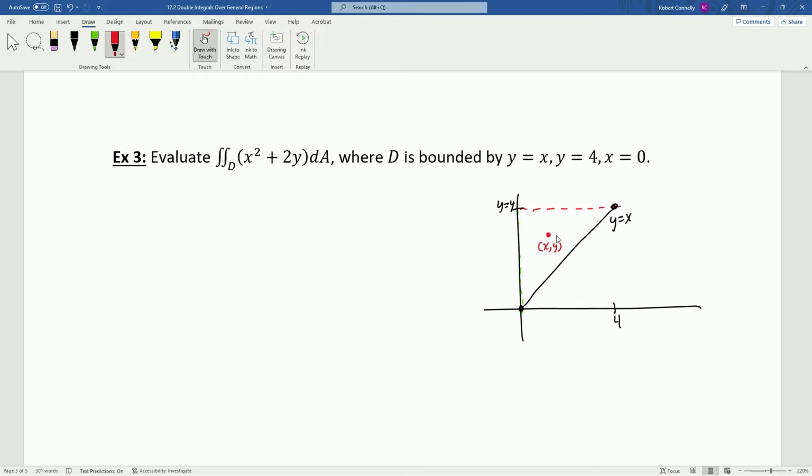Well, I could do this as x is between 0 and 4, and y is between x and 4. My bad. All right, so y's lower bound here is the line y equals x, and y's upper bound here is the line y equals 4. So I'm going to go ahead and just tackle it that way. So this becomes the double integral, and we'll be integrating with respect to y first on the inside, and then x.